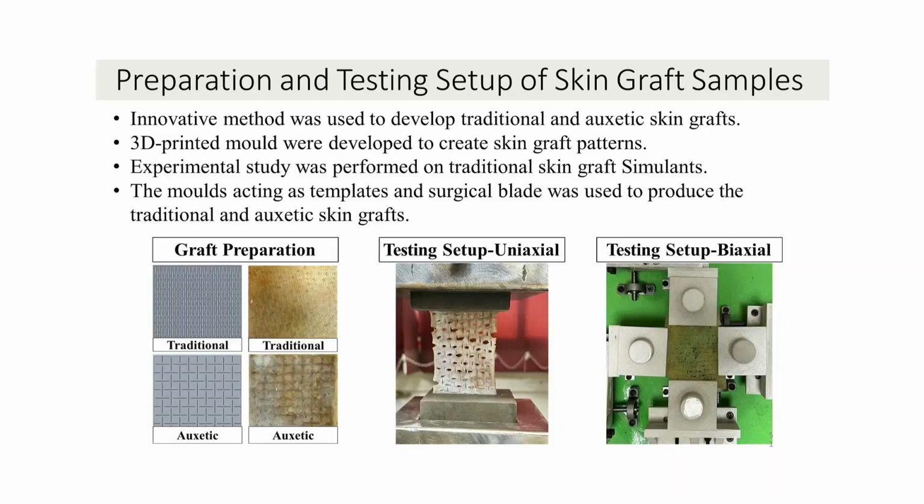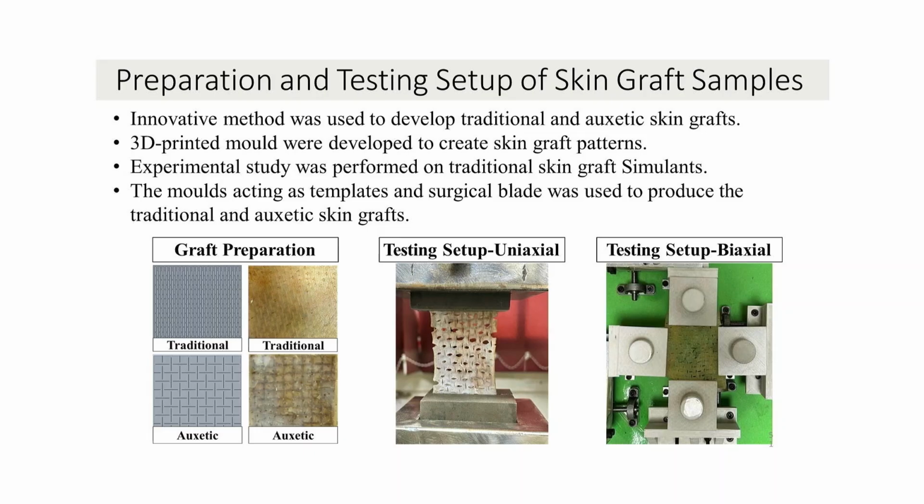That is typically produced by a meshing roller which has these perforations or cut blades, but in this case we just cut it with a surgical blade, right? So after the surgical blade cutting, we could create a traditional graft, which has the traditional slitting pattern, and an auxetic graft, which has an auxetic slitting pattern. The traditional and auxetic graft patterns are shown in the figure on the left bottom.